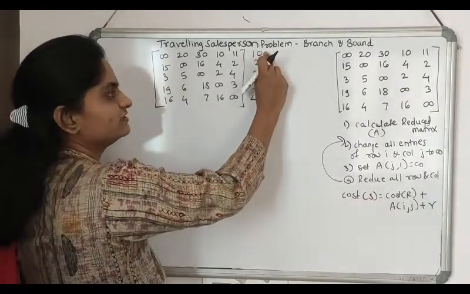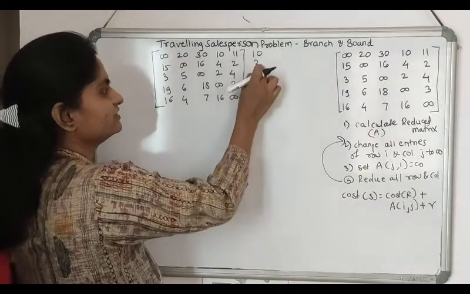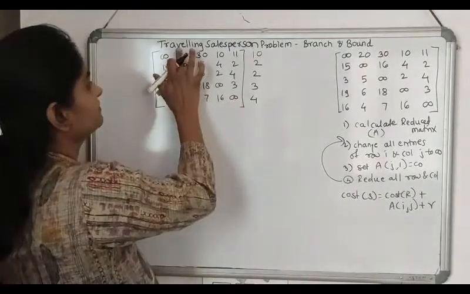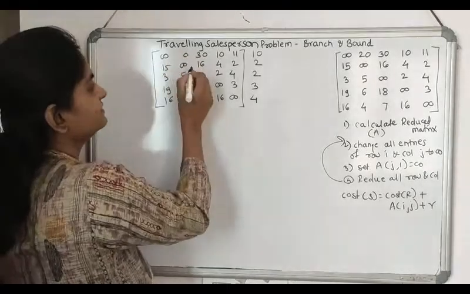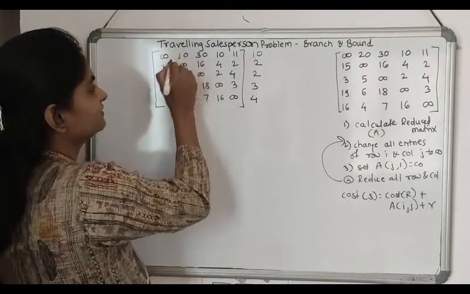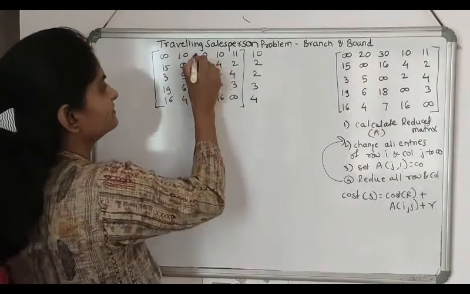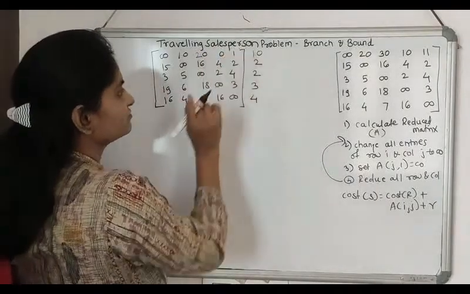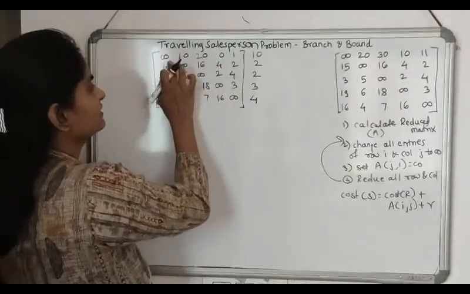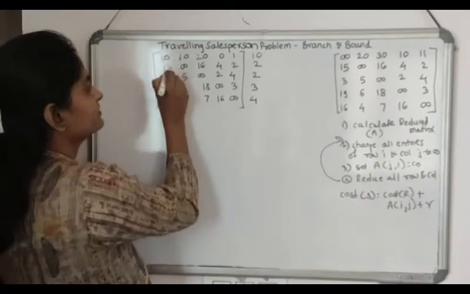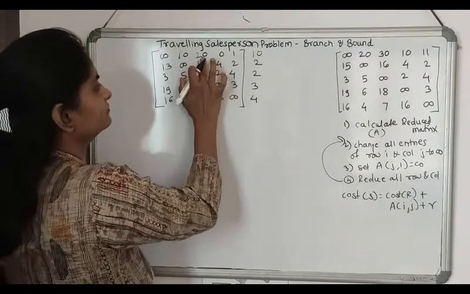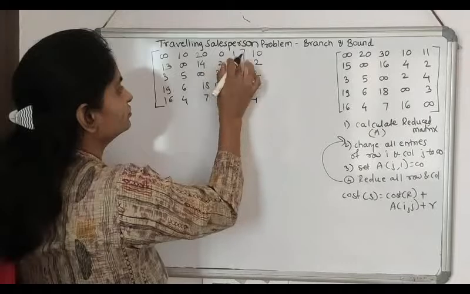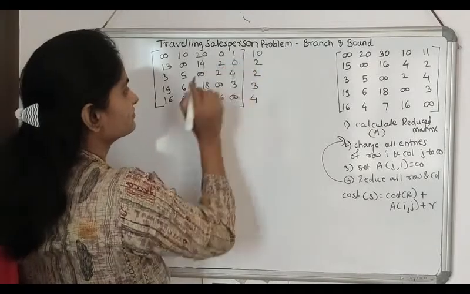subtracting this value from the first row, this value from the second row, and so on. After subtraction, the matrix is 20 minus 10, that is 10. 30 minus 10, 20. Here is 0 and here is 1. Again minus 2. Here is 13, 14, 2, and here is 0.